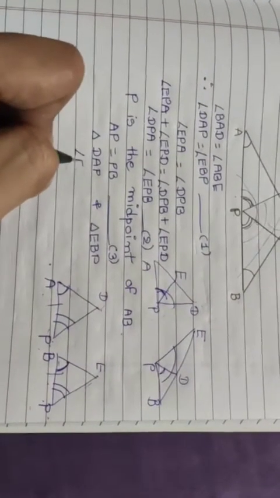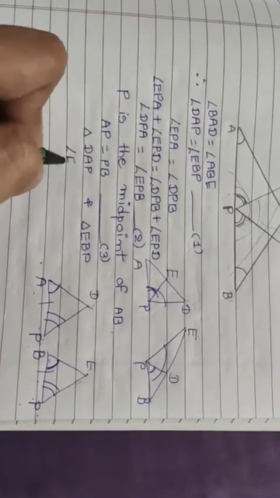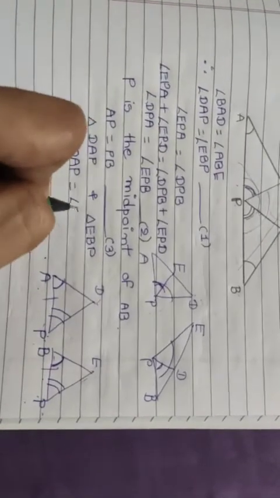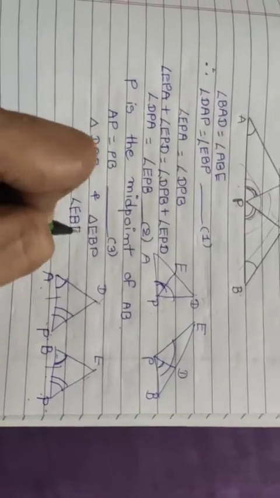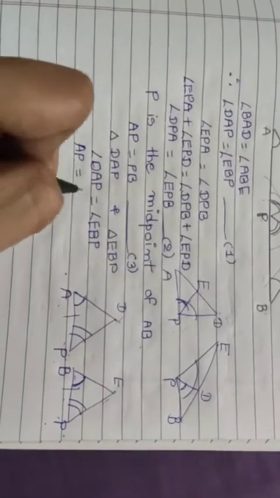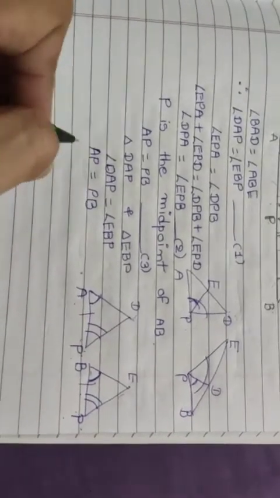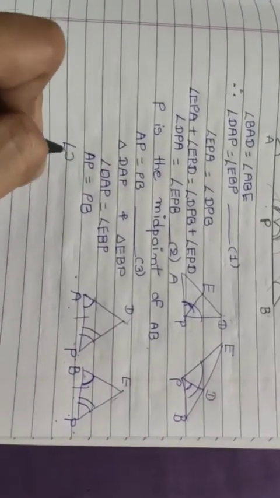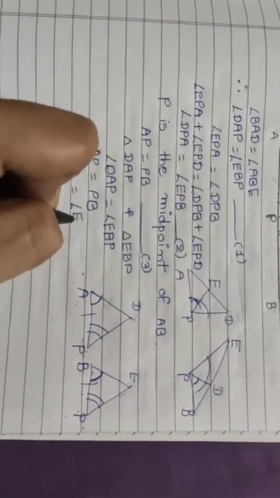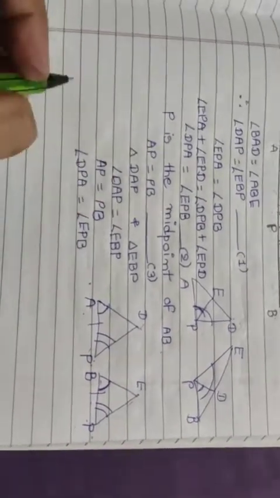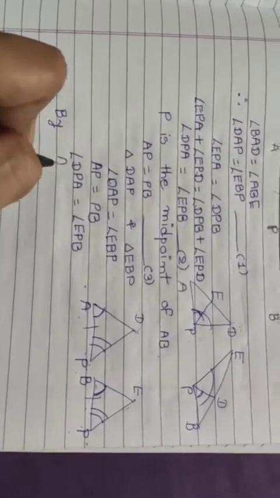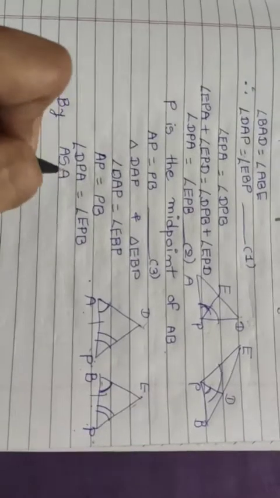So first is DAP is equal to EBP. Second one, we will write the side in the center, and third one is DPA is equal to EPB by ASA congruence rule.